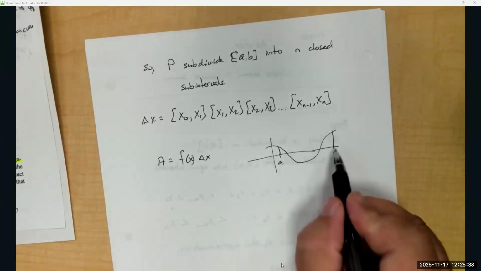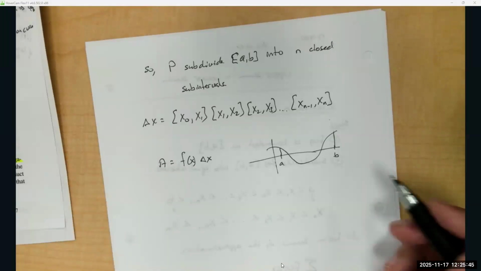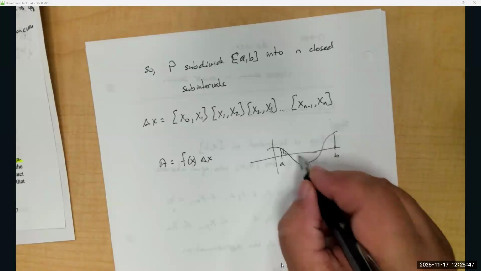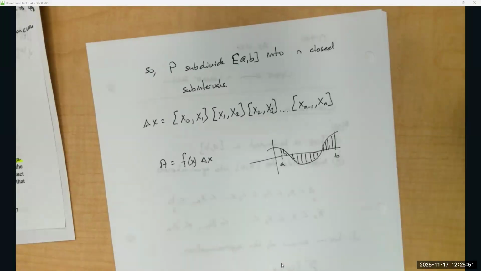In this case, if you graph it, what would positive be? Above the x-axis. What's negative? Below. Right, so it's all relative to how you define it. So yes. Why is that?